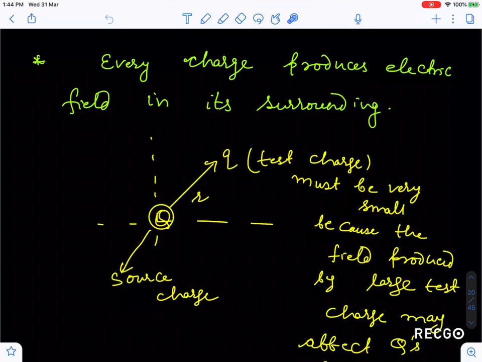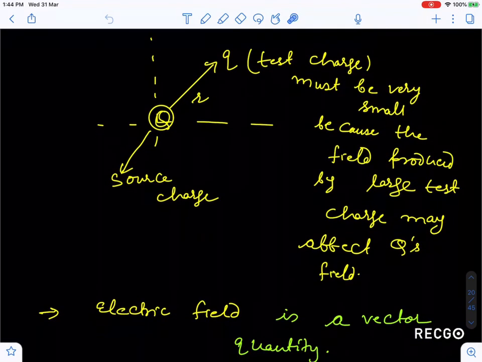And one thing you have to keep in mind is that the test charge q is very small, which is why its own field will not affect charge Q's field. It should be so small that its electric field is negligible.